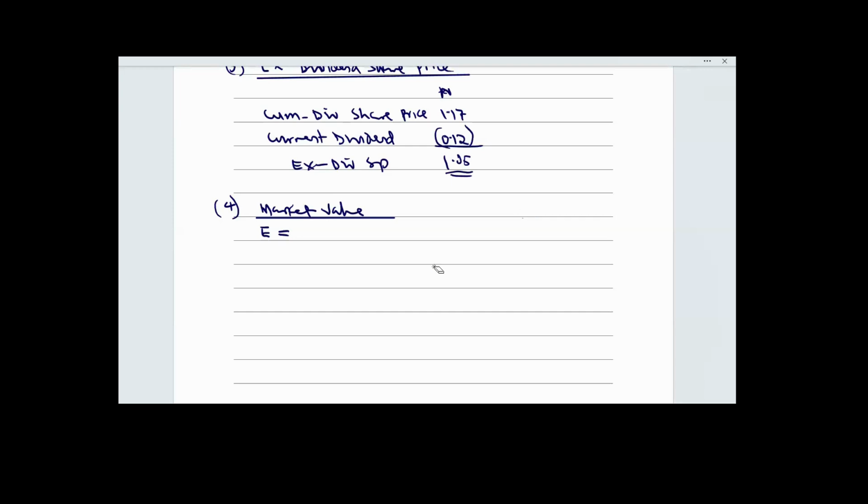But according to this question, we have number of shares. Therefore, market value of equity is number of ordinary shares multiplied by ex-div share price.